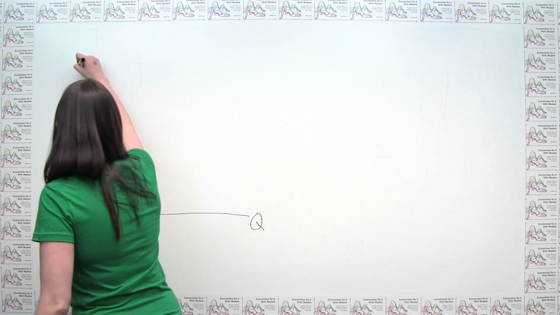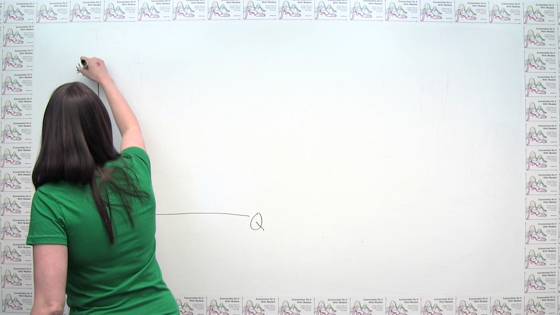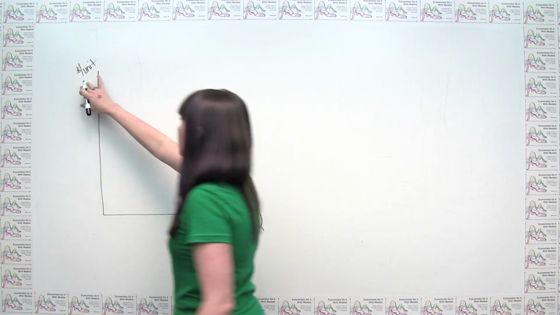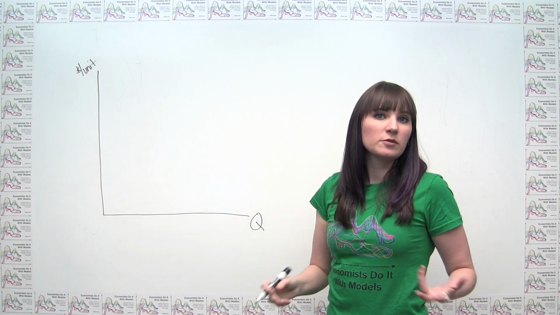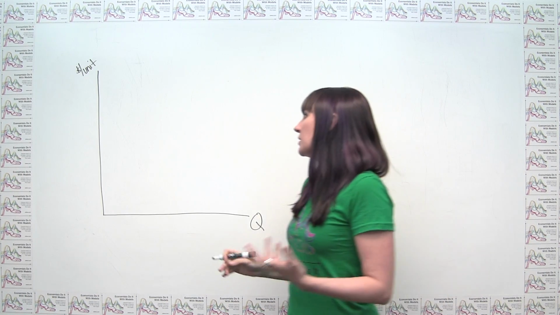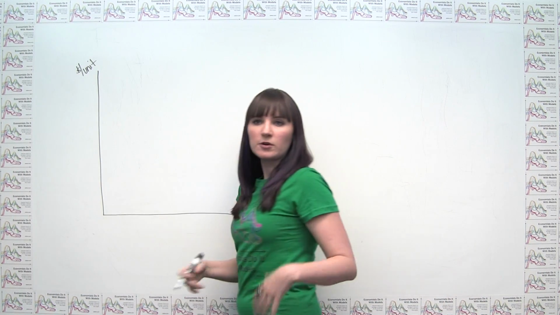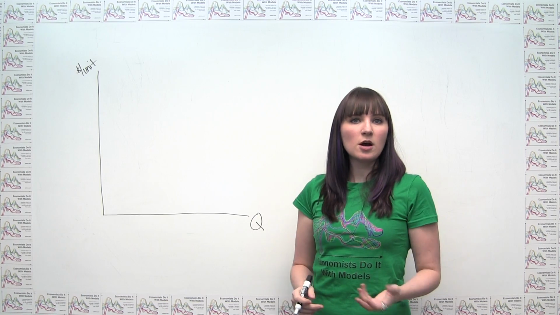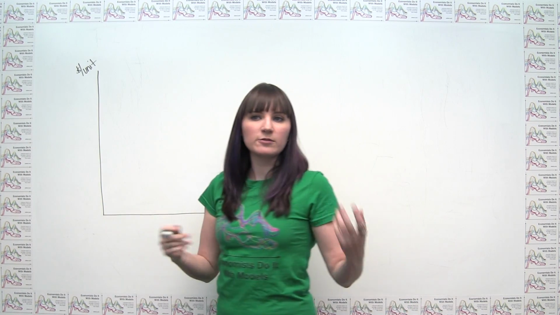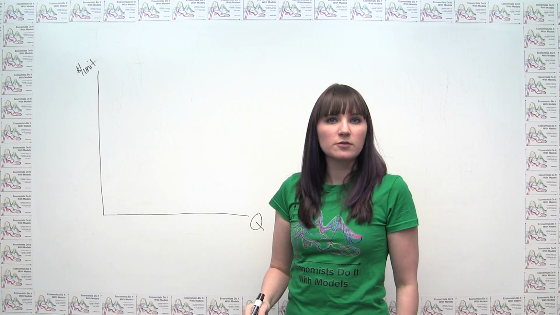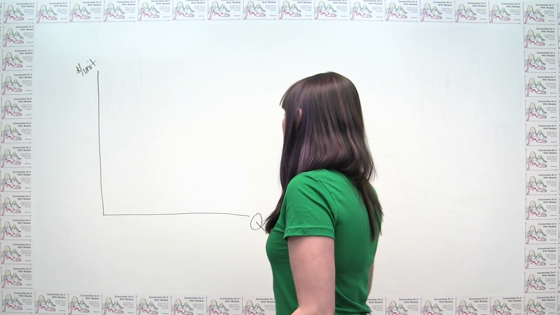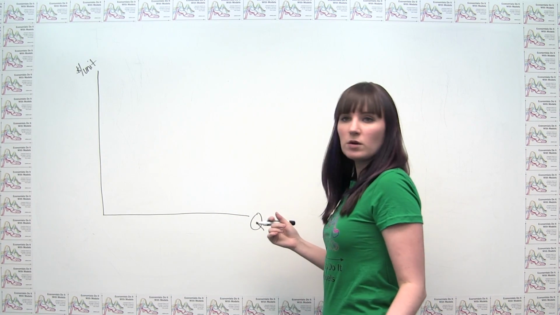And then all the curves we draw are going to be in terms of dollars per unit, right? When we're talking about a demand curve, dollars per unit is going to refer to price. When we're talking about cost, dollars per unit is going to be average cost, marginal cost, and so forth.